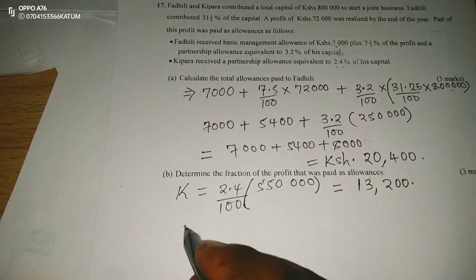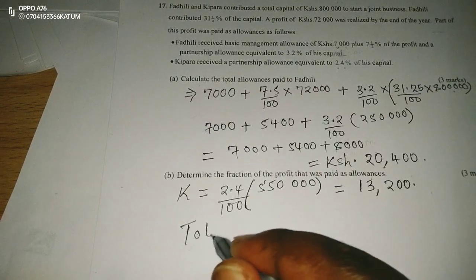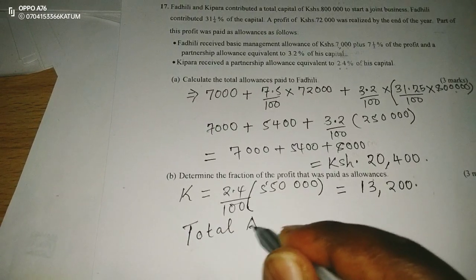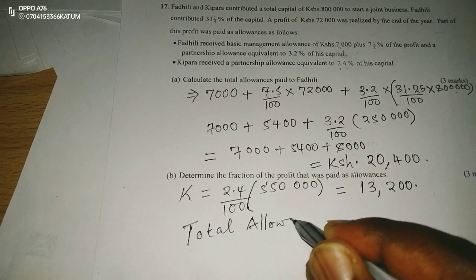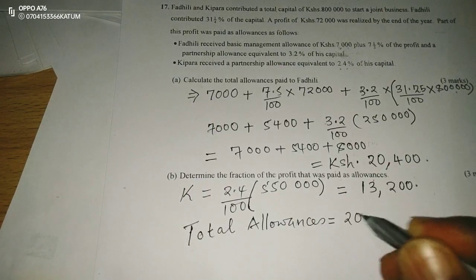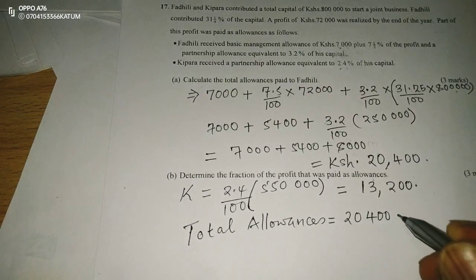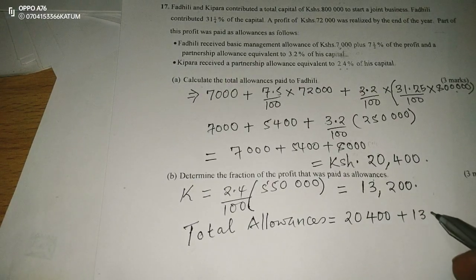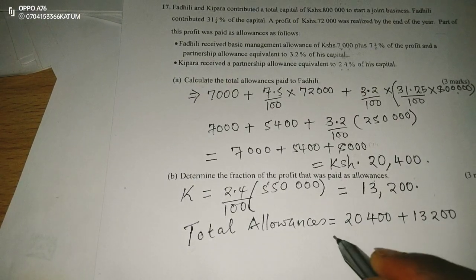Therefore, total allowances will be equal to 20,400 plus 13,200.